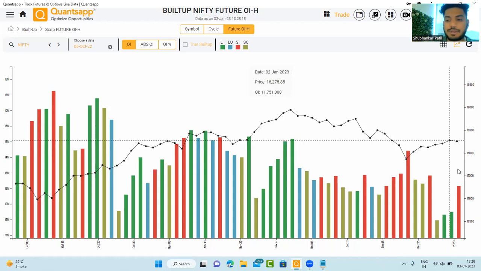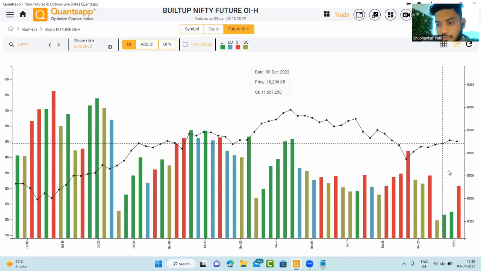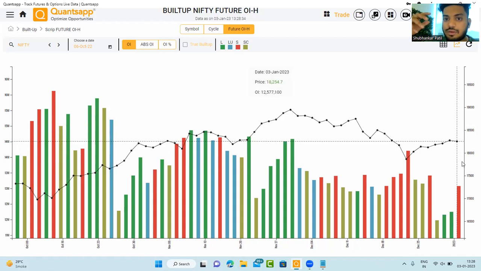So what the trick would be: let's say you find a highly convincing opportunity on intraday to go long on Nifty. But now you know that the trend is not clearly poised on the long side. What would you do in such a scenario? The idea is very simple. You go long with tight stop losses and smaller quantities. Let's say you generally take trades on 10 lots, you would take trades on, let's say, 5 lots, right?